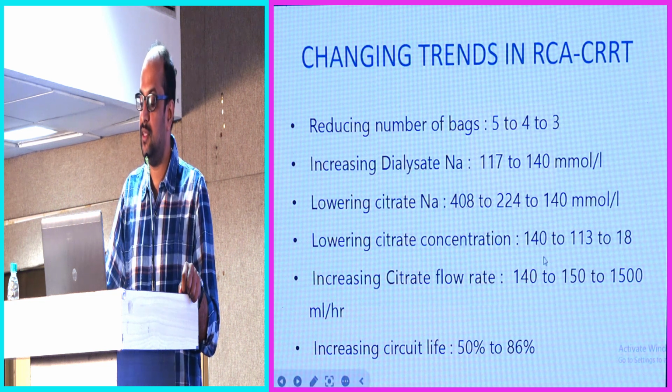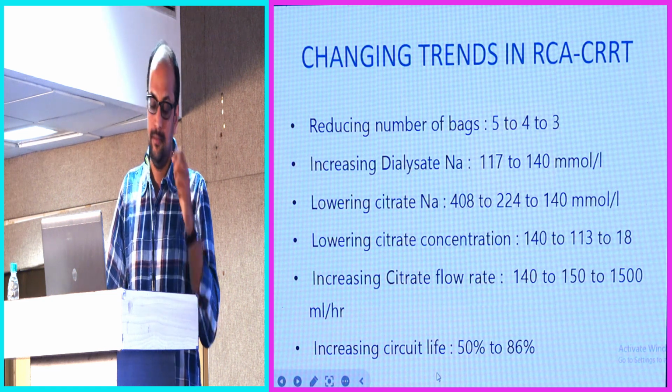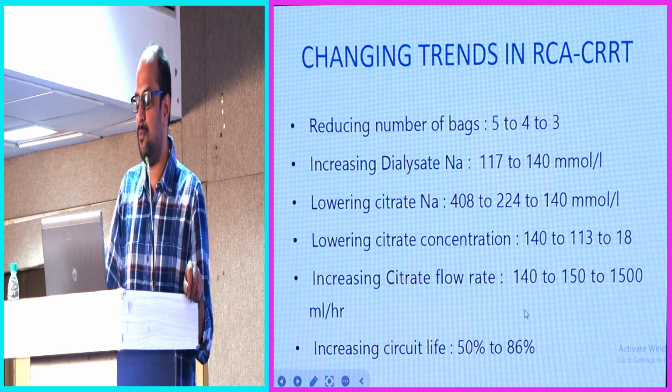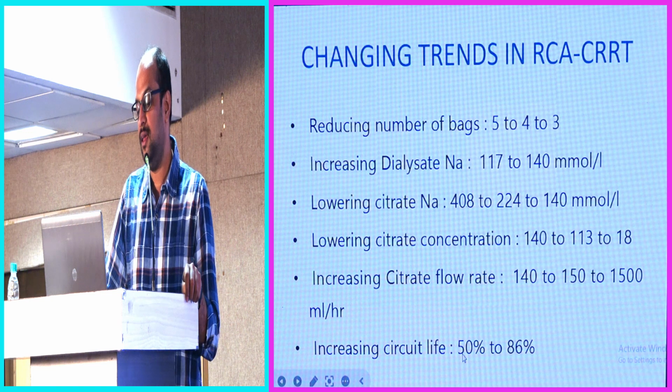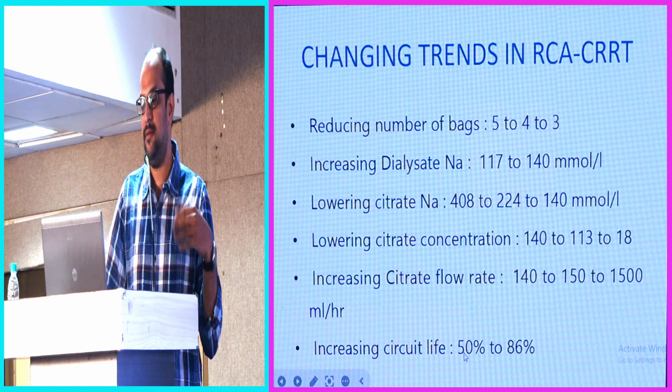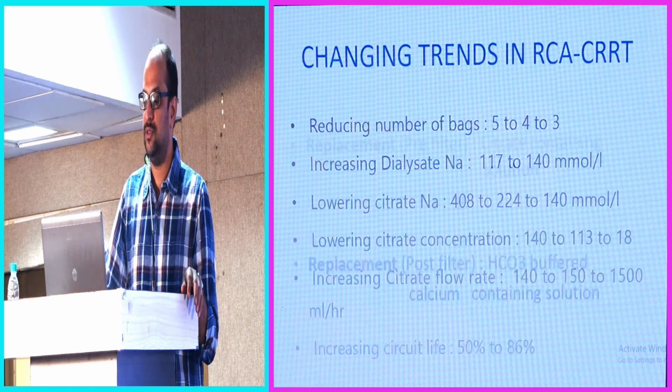Because if the citrate concentration is very high, we may need to decrease the citrate flow rate. If the citrate concentration is low, we can increase the flow rate. So by decreasing citrate concentration and increasing the flow, we can achieve the target effluent dose easily. And because we are targeting proper citrate levels in the blood, the circuit life was also prolonged from 50% to almost 86%, based upon the bags that we use.